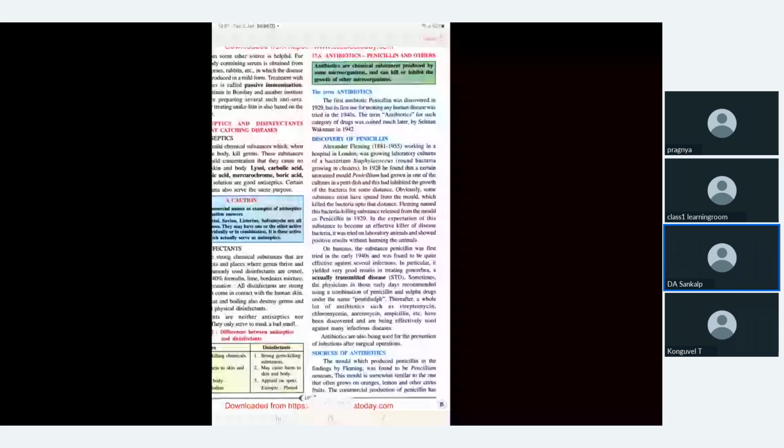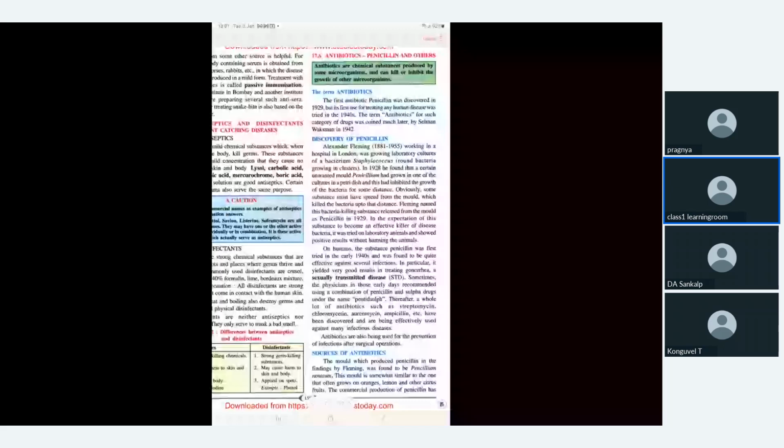Do you remember now? Penicillium notatum. We discussed antibiotics earlier itself. So it is Penicillium notatum, an antibiotic-producing fungus. That is what was discovered by Alexander Fleming.